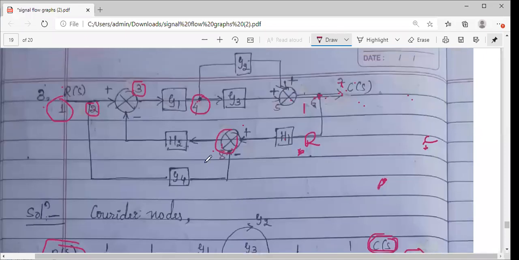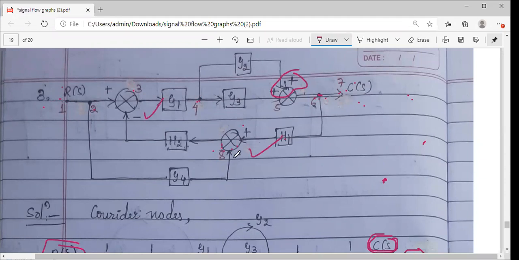Okay, so I have given you the hints. First, draw the signal flow graph. For this, I have already identified the number of nodes. 8 nodes will come. Interconnect them with the branches and put the gain values properly. Check the signs properly. Here both are positive, here it is negative, here it is negative.